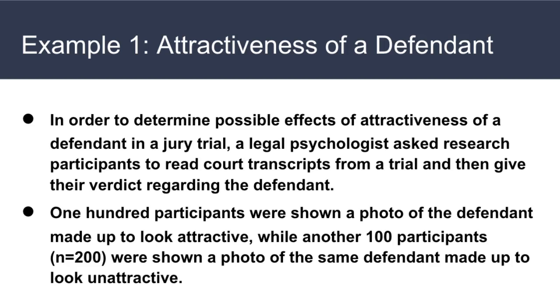The question here is, will attractiveness influence the decision made about the defendant? So take just a minute to think about, what we're really doing here is the early stages of making a hypothesis, right? What would you predict here? Do you think that attractiveness will have any effect?